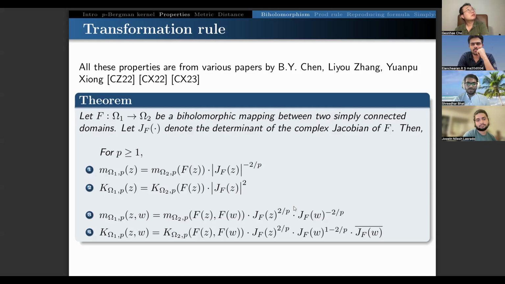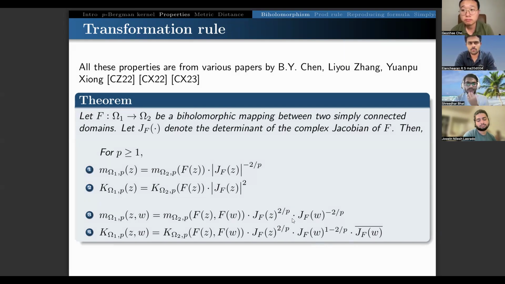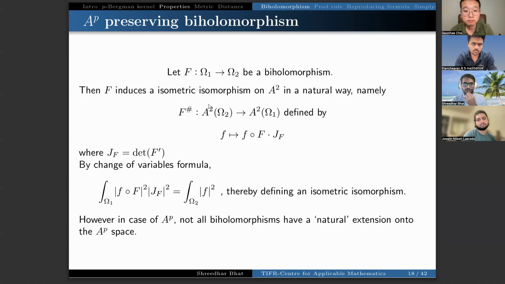Let us see why this doesn't arise in the case of p equals 2. If p equals 2, you see that this term is just 1, and this resembles the usual Bergman transformation formula, right?